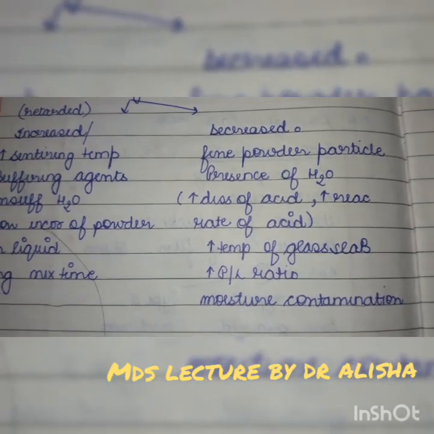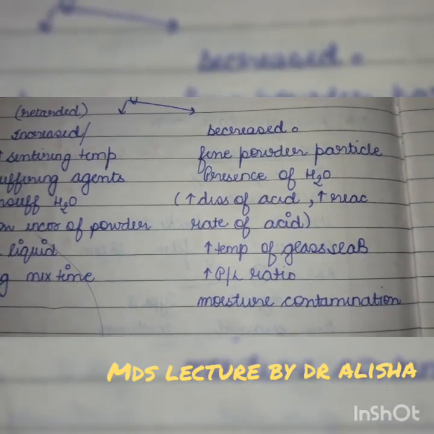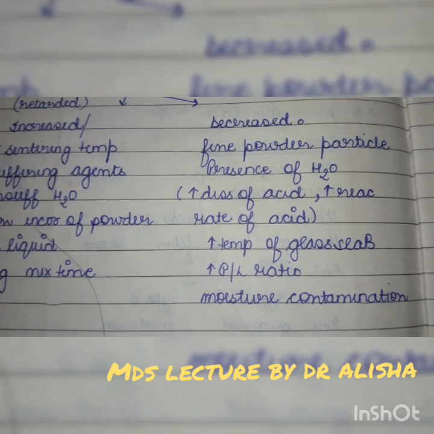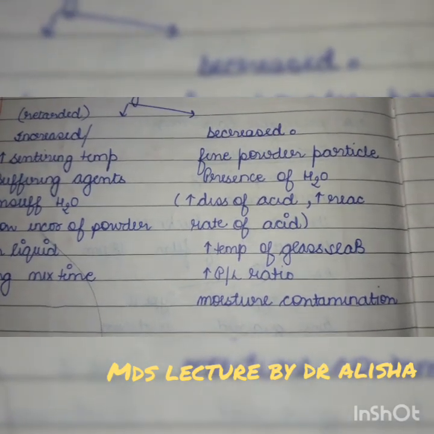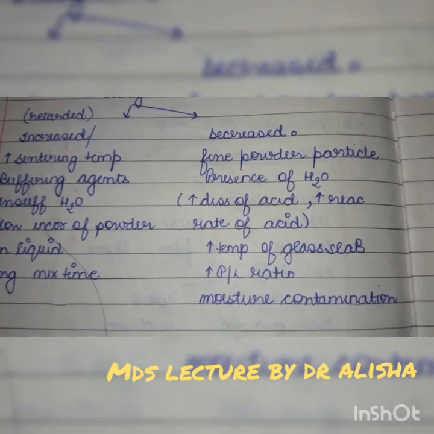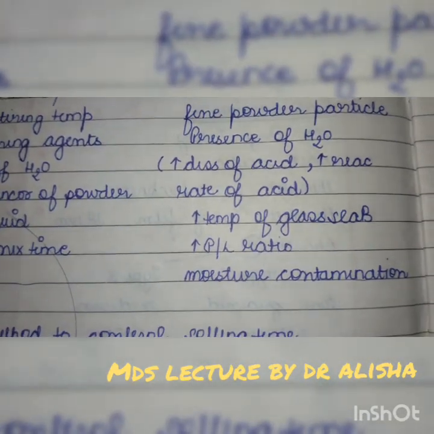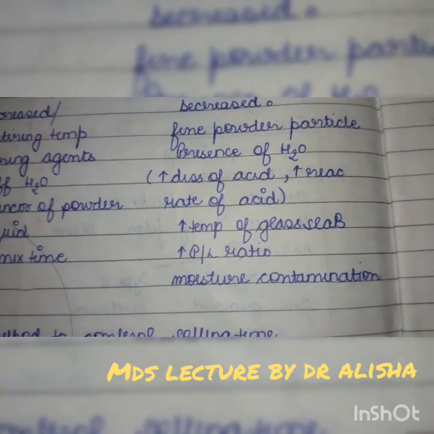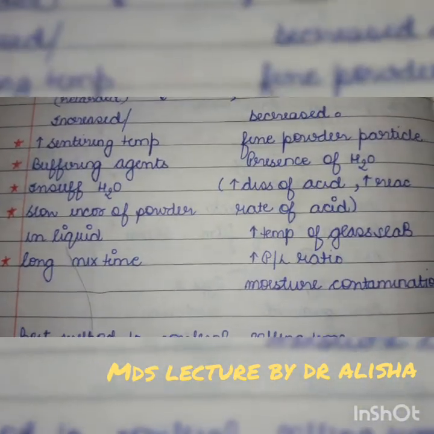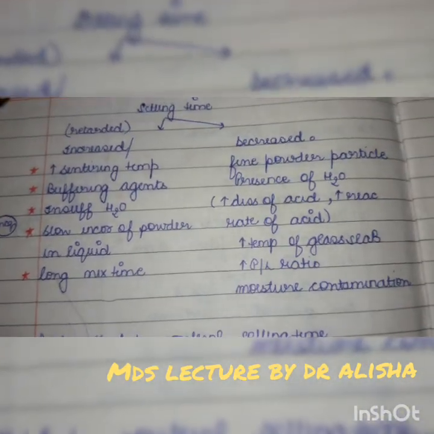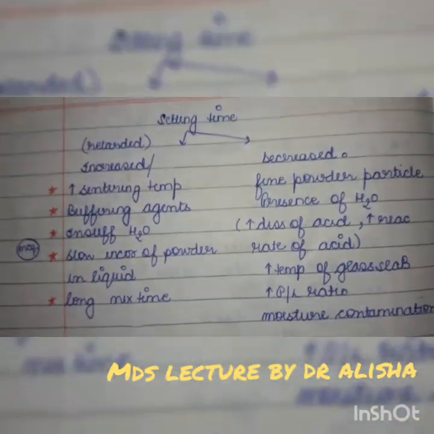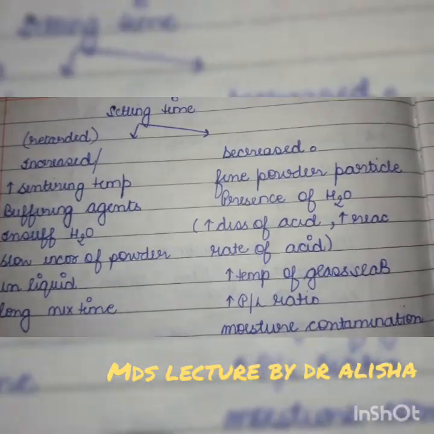If we increase the temperature of the glass slab on which we are going to mix the zinc phosphate powder and the liquid, the setting time can also be decreased, along with the increased powder liquid ratio. And if there is moisture contamination, that also affects the setting time of the zinc phosphate.